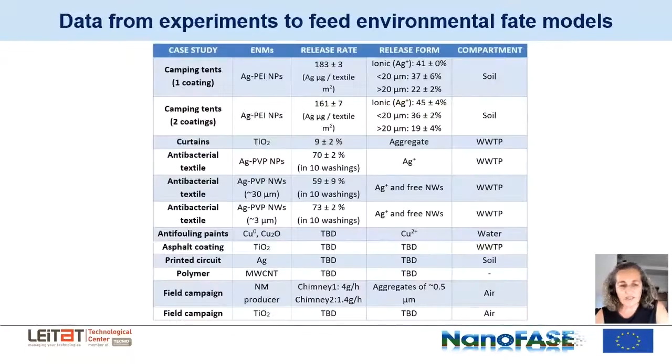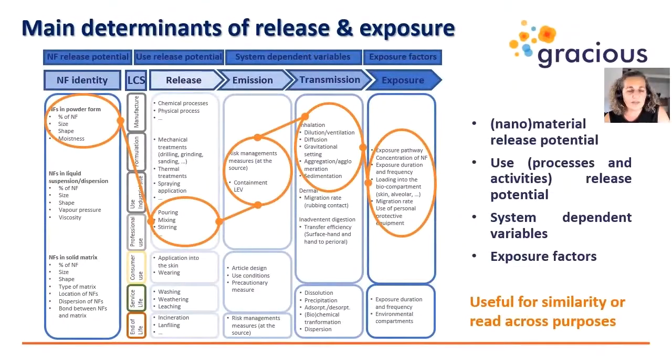So the data that we could get out from these experiments is showing here how we can get the release rate, release form, and the compartment where it will end up. And this information is all requested by the model, so we have it produced.